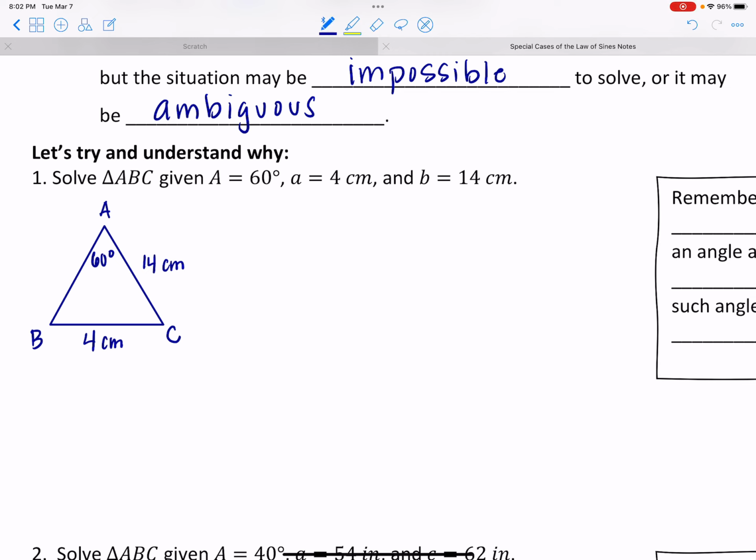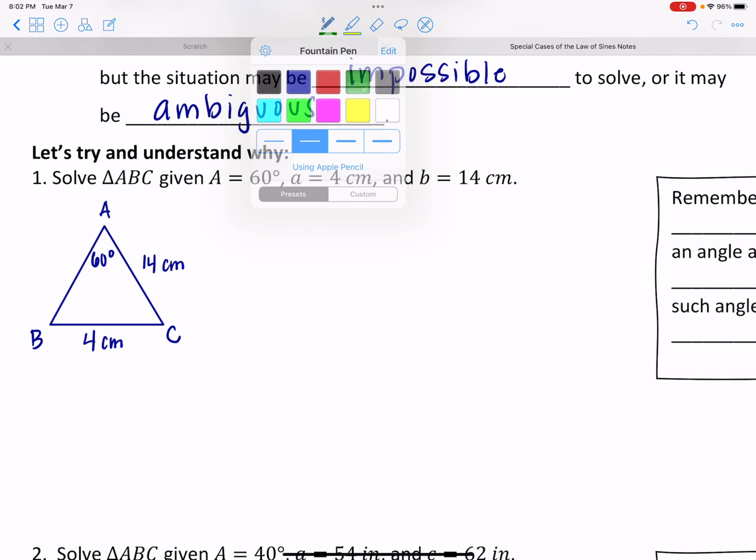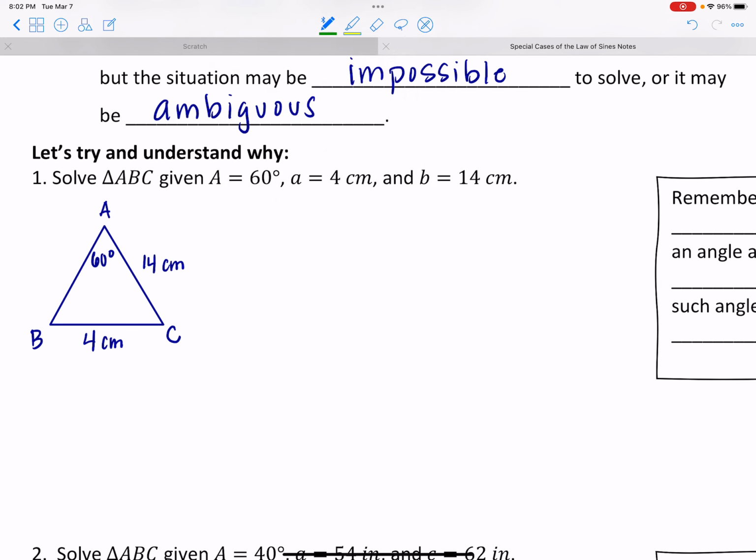If I wanted to find the missing side, I don't want to do that actually. Let me back up because you're probably wondering, well, why not? Remember, Pythagorean theorem is not going to be an option because this isn't a right triangle.